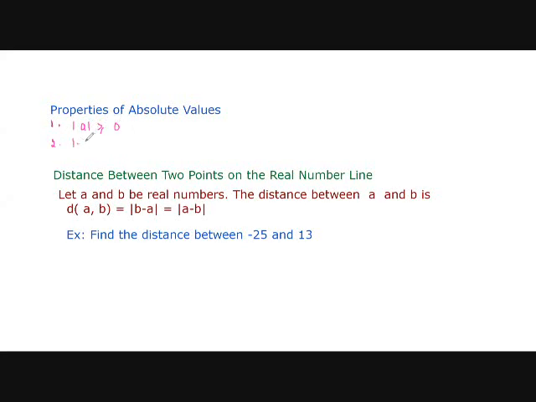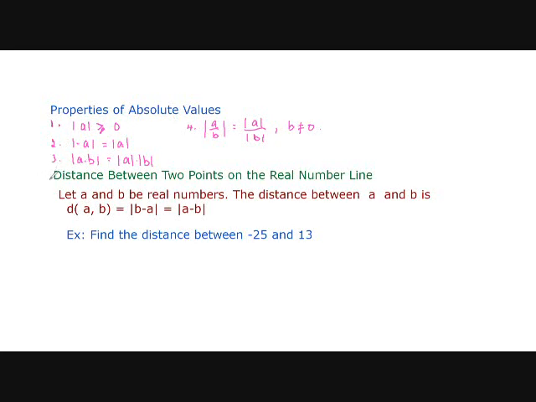Second, absolute negative A equals absolute A. Third, absolute A times B equals absolute A times absolute B. And the fourth is division: absolute A over B equals absolute A over absolute B. The condition is, of course, that B shouldn't be 0.